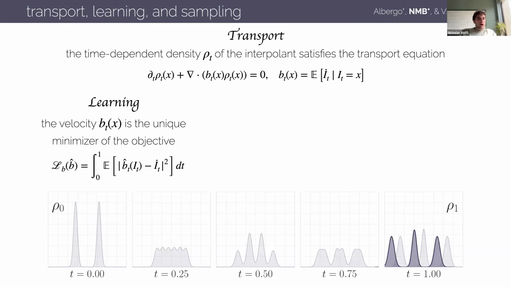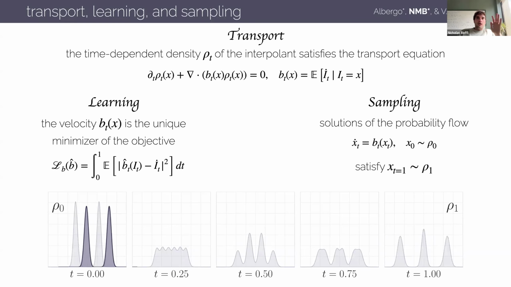And then to form my generative model, I just solve this transport equation via the method of characteristics. So I look at the so-called probability flow ODE. This is an ordinary differential equation whose right-hand side is the velocity field b. I draw an initial condition x0 from rho 0, and then I solve this up to time 1. And I have the property that at time 1, I get a sample from rho 1.